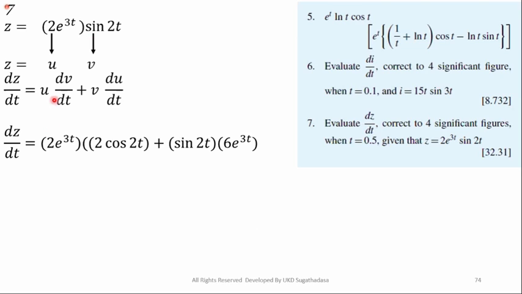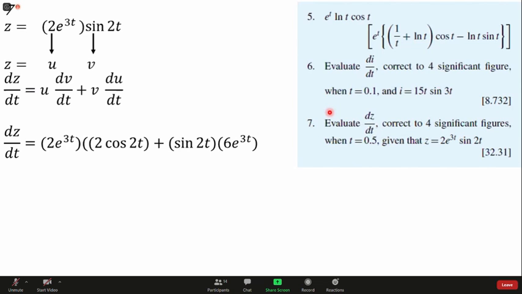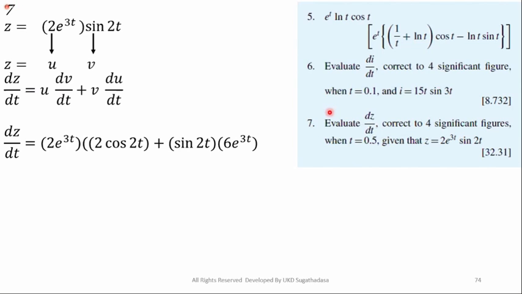Now the function is u dv by dt. Someone gave the answer 18 point something. This answer is incorrect. Some student gave an answer, that answer is not correct. We have to check, wait and see, right.